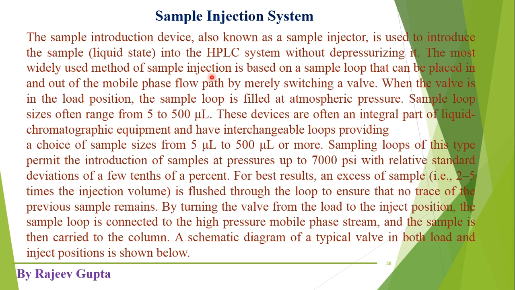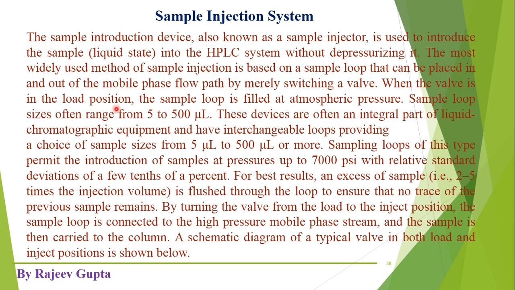First we inject our sample in that sample loop, which initially contains the sample solution at almost zero pressure, and after switching the valve to the main stream, this sample loop combines with that main stream and feels the high pressure.